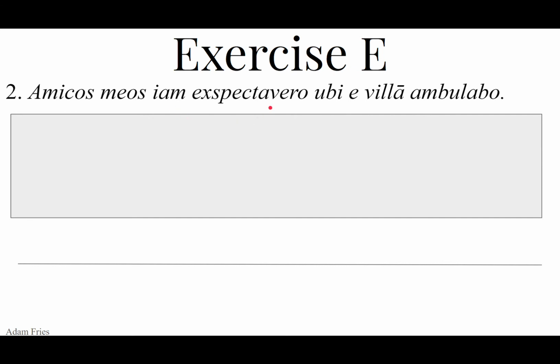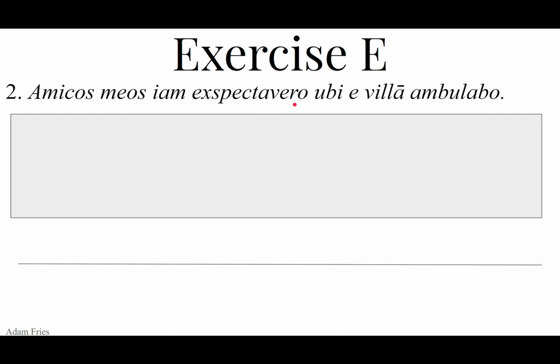Expectavero, from expecto, expectare, expectavi, expectatus, to wait for or to await. Takes an accusative direct object. Hey, we have one of those. That's right. So it is first person and singular, so I am doing the action, and it is future perfect. It's the future completed tense. It's on the perfect stem of the verb, and it's got ero, future perfect.